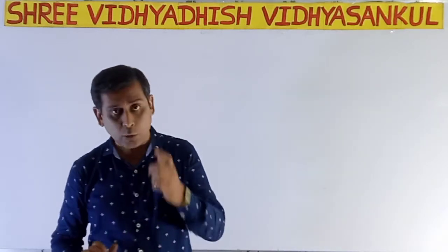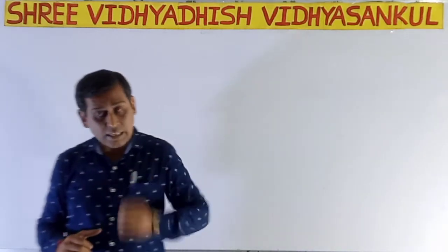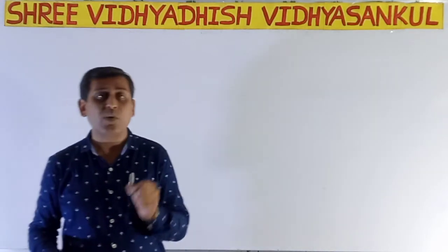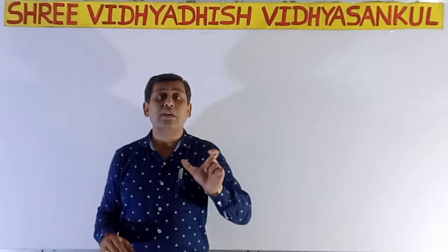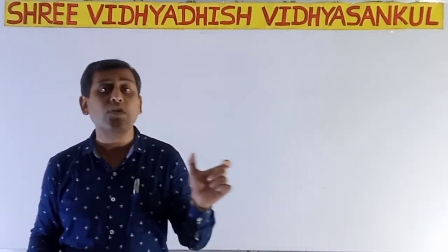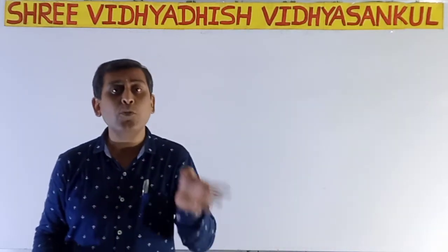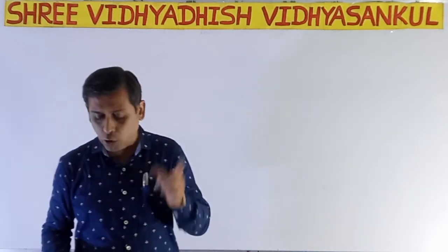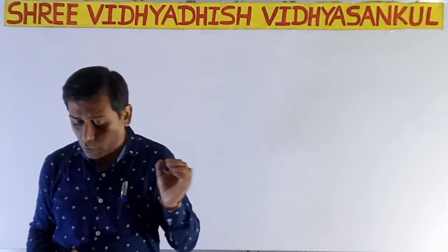Some students told me about the sixth question as a doubt, because here the question is given in theory form and you have to convert it into practical form. So first of all we have to understand the question.